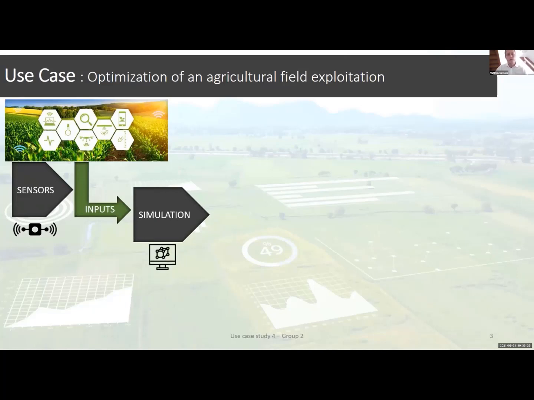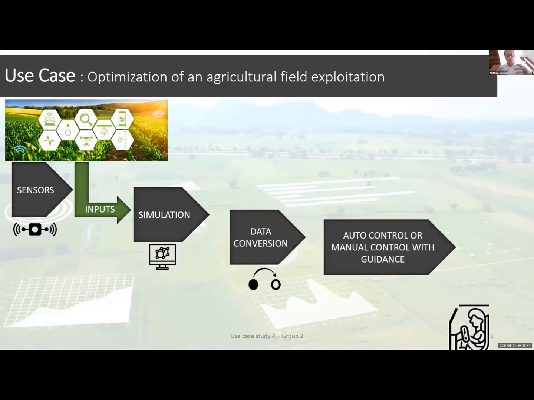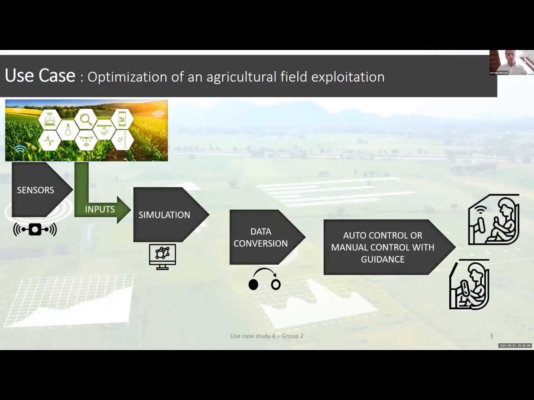We put this information into a simulation for processing, and then we have an output of the simulation, and this data is then incorporated into a machine. Here is the tractor, which is able to understand this data and to process it. So we can have either an automatic control of the tractor or a manual, semi-automatic control of the tractor.